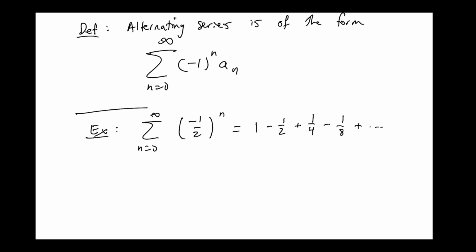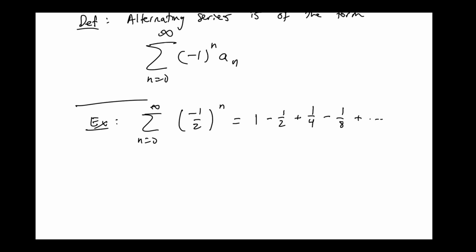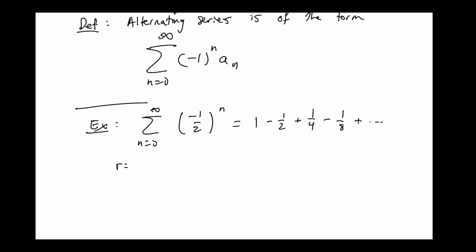Well, first off, does it even converge? All right, so what's r here? So it sums to the first term, which is 1, over 1 minus the common ratio, and that's 2/3.